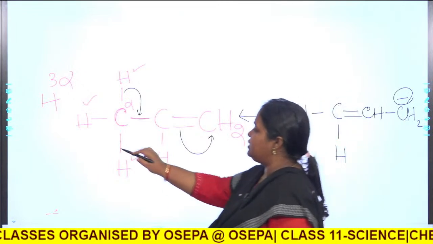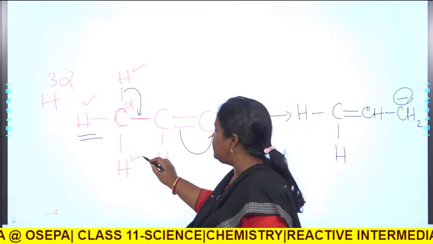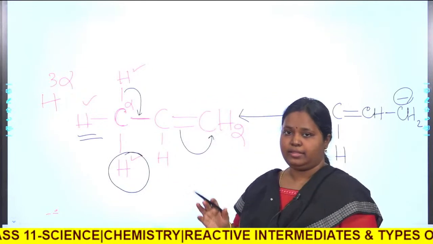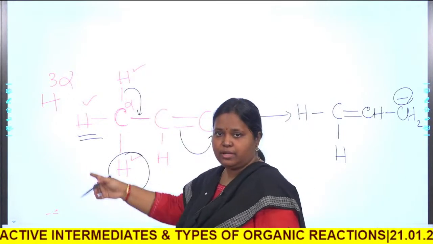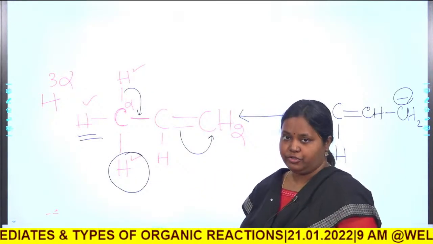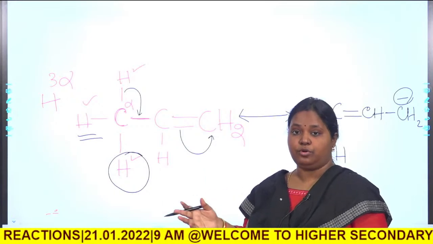Similarly, for this hydrogen you can write another hyperconjugating structure, and for this hydrogen you can write another hyperconjugating structure. Mark that since 3 alpha hydrogens are present, you can write 3 hyperconjugating structures. The more alpha hydrogens, the more the hyperconjugation.